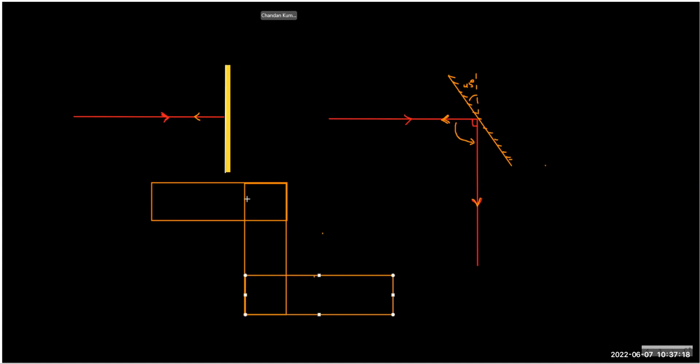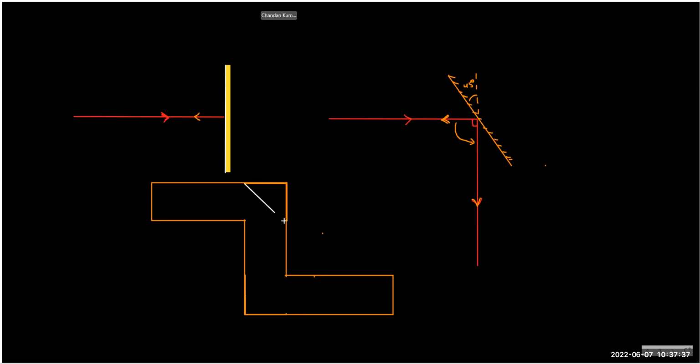Let me design this. It's very easy. So what are we supposed to do? We are supposed to make two mirrors.